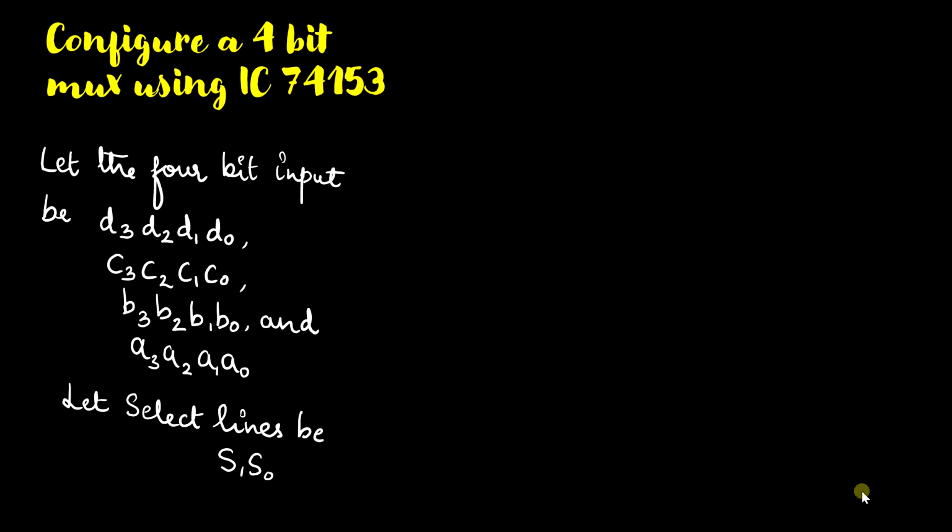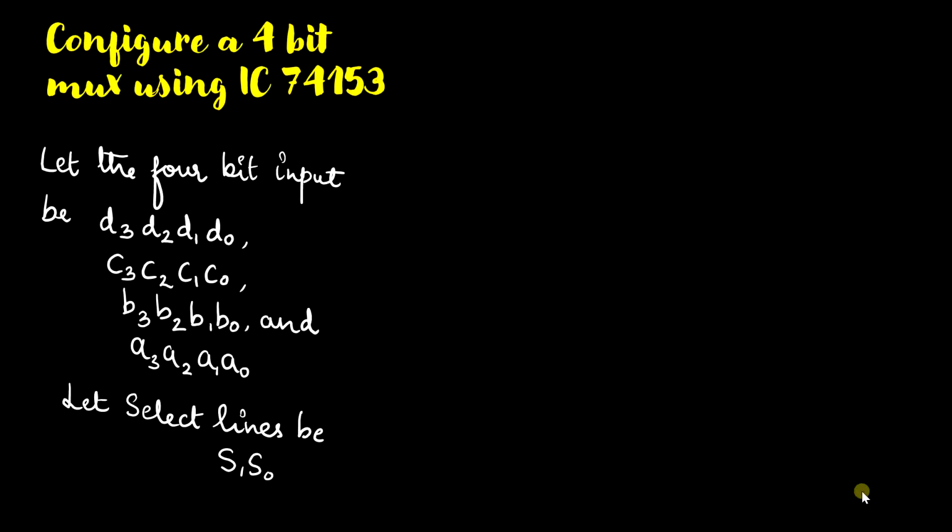You know that IC 74153 is a dual 4:1 mux, right? So I can provide 2 bits from there. Since the question asks to configure a 4-bit mux, I need to make use of 4 different bits, and I am going to use them as D, C, B and A.